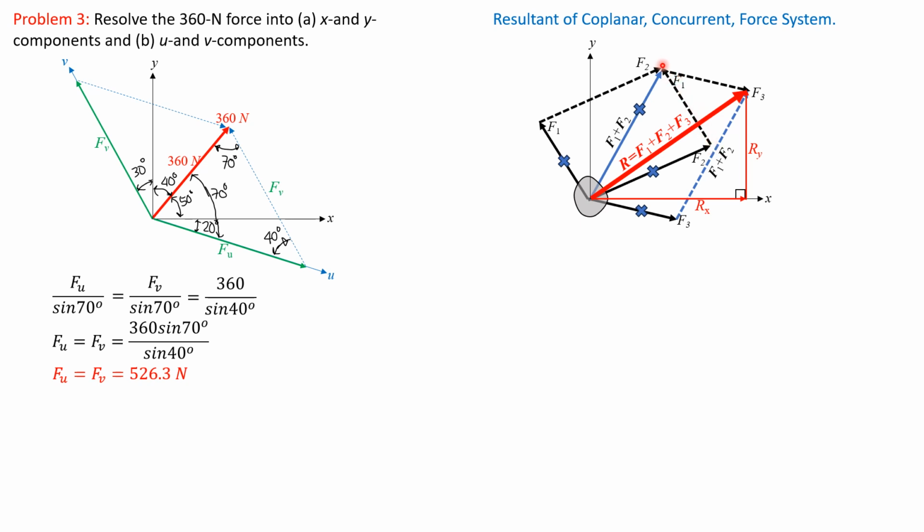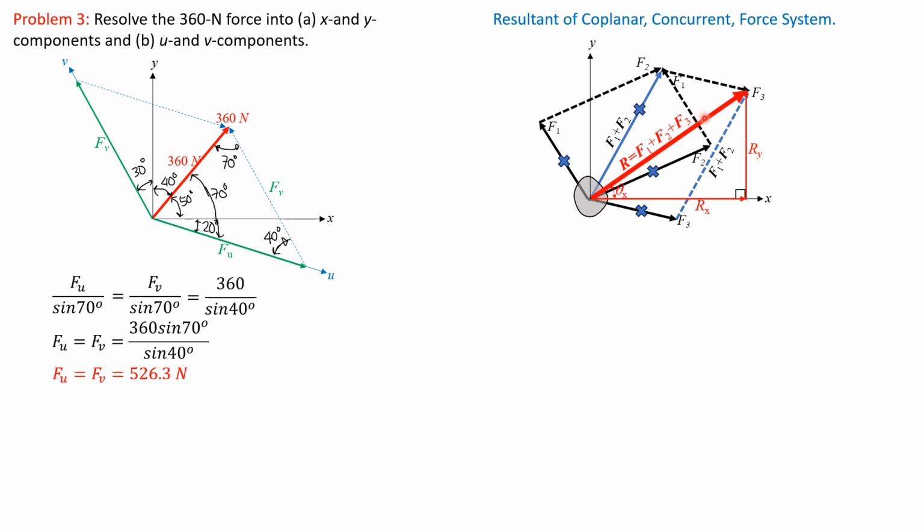And remember that the resultant is also the vector drawn from the tail of the first force to the tip of the last force. Again, the resultant is the same. This one closes the supposedly open polygon.